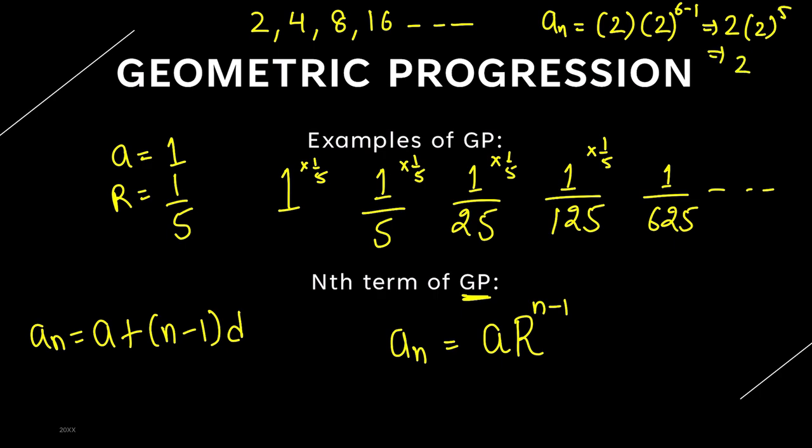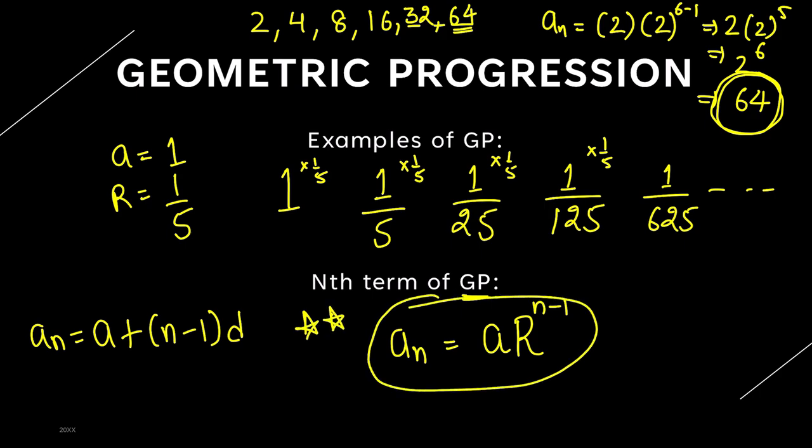So that will be 2 raised to power 6. And if you calculate this, 64 is the sixth term of the series. I hope this is clear. Even you can check, fifth term will be 32. Sixth term will be 64. Right? So this formula is very important for the exam. An is AR raised to power n minus 1.